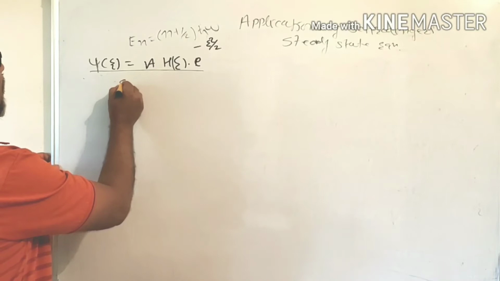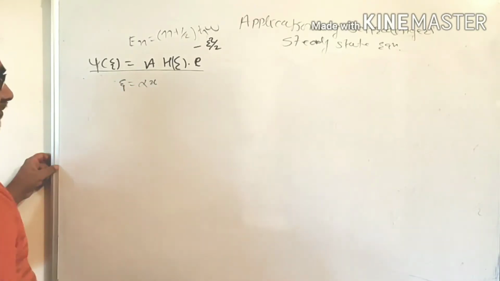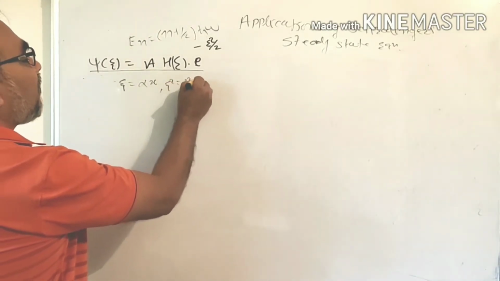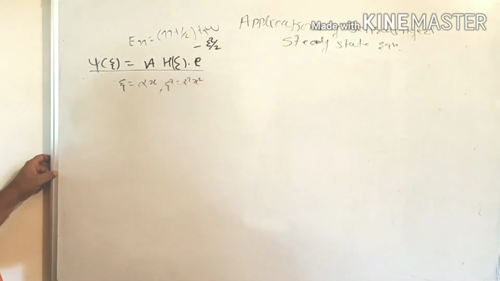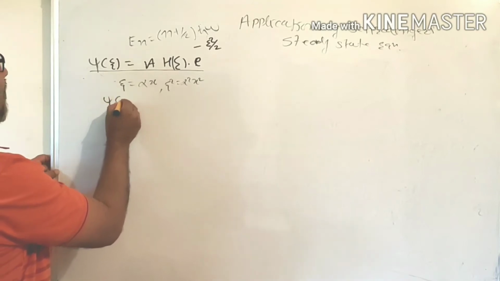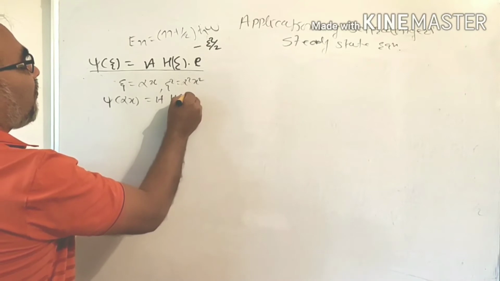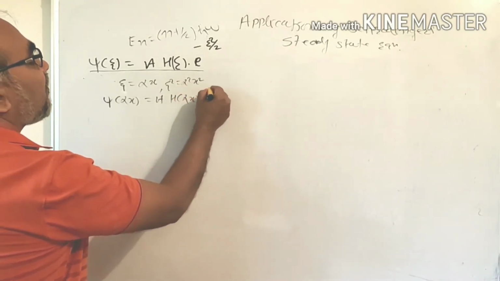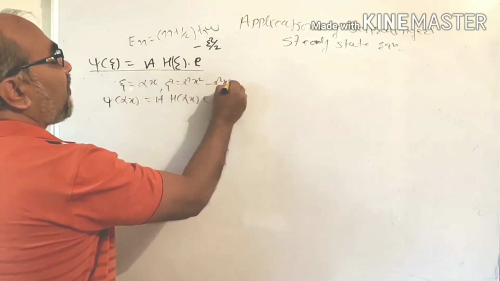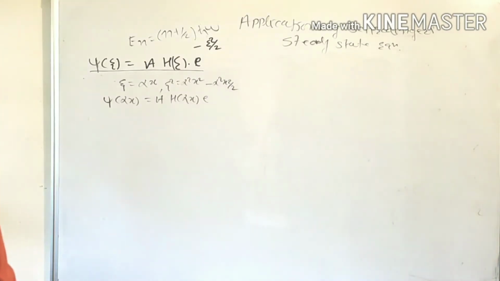We have substituted zeta equal to alpha x, and therefore zeta square is equal to alpha square x square. So this equation we can write as psi of alpha x is equal to A H of alpha x e raised to minus alpha square x square by 2.